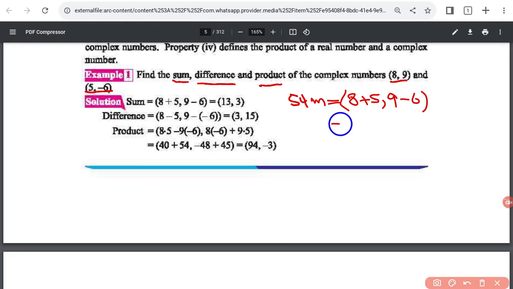Then 8 plus 5 is 13 and 9 minus 6 is 3. So this is the sum of the two numbers.